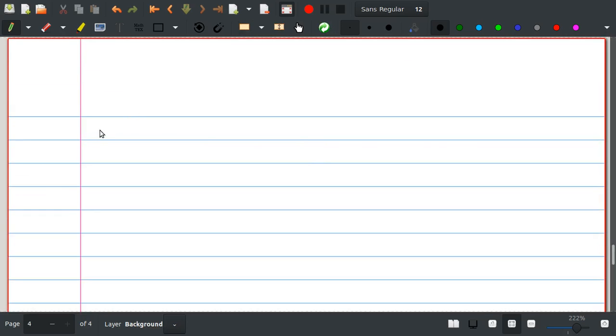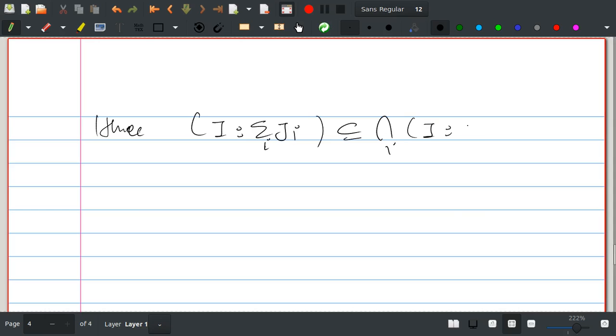So this proves one containment. Hence I : sum of J_i is contained in the intersection of these ideals I : J_i.